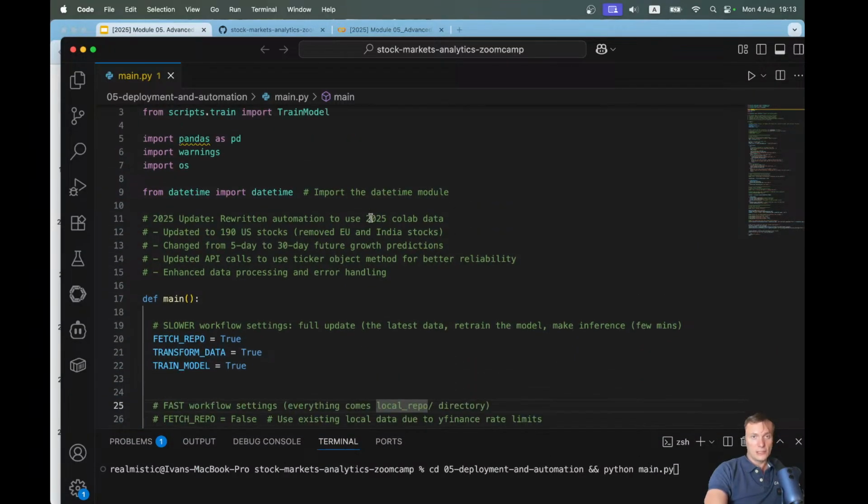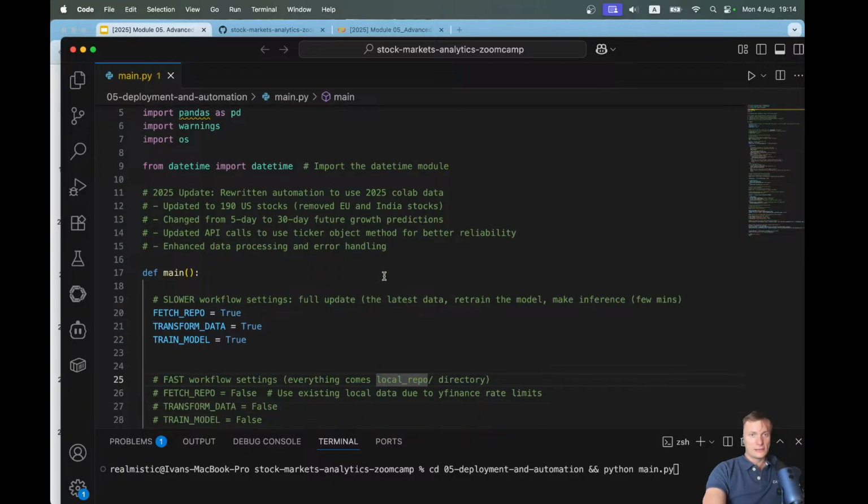And actually I used an AI assistant to make some updates, so you can benefit from the enhanced commands and cleaner code. So from last year I added more US stocks. Now it's 190 US stocks and not just 33 of US, EU, and Indian stocks. So it's a bigger data set.